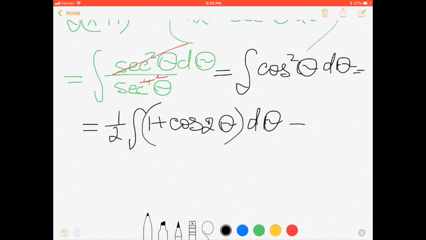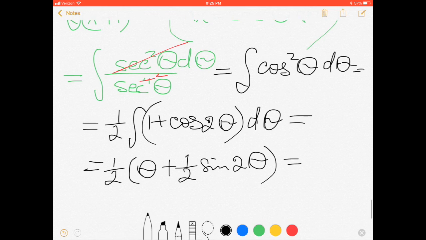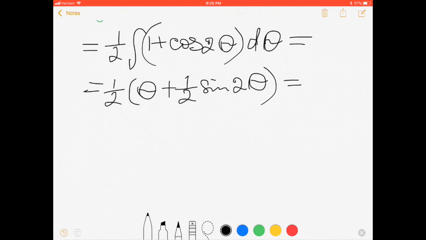Take the 1/2 out of my integral. It will be 1/2 times (theta plus 1/2 sine 2 theta). Doing the trick we did before, sine 2 theta is separated, and I have 1/2 theta plus 1/2 times 1/2 times 2. I specially separate it this way, but you can cancel it.